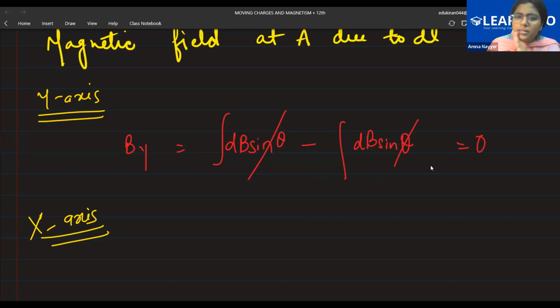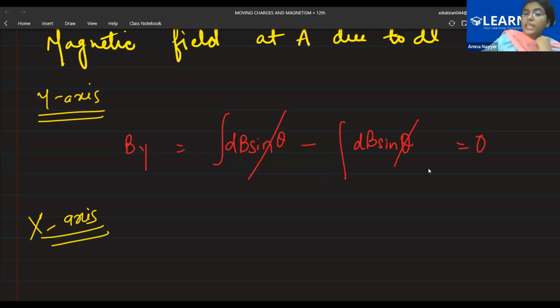Straight away this By will be 0 because all the magnetic fields which are present along the y-axis are equally distributed on one side and the opposite side. And they'll be cancelled because they are in the other direction. Okay, so By will be 0.